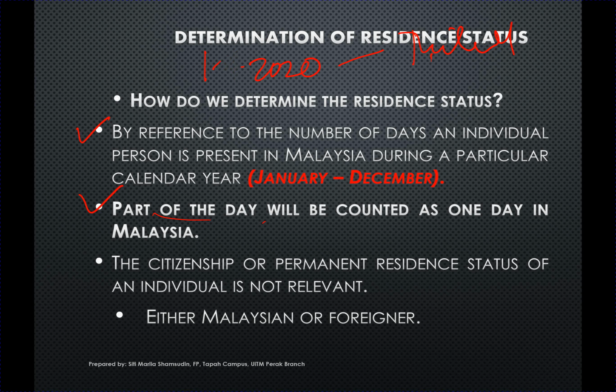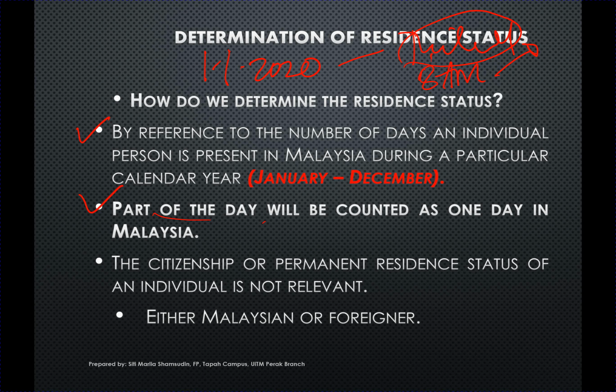Katalah 1 Januari, sebab 1 Januari kan kita still lagi tak MCO lagi. Okay, this person is leaving Malaysia pada 1 Januari 2020. Dia nak naik kapal terbang. Kapal terbang tu akan depart pada pukul 8 pagi, 8 AM. So 8 AM baru dia tinggalkan Malaysia ke Thailand.